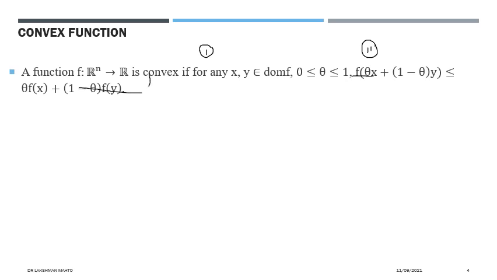Then the image of the convex combination is always less than or equal to the convex combination of the images. Remember, I am saying that the functional value of f at the convex combination of x and y, any convex combination of x and y, is always less than or equal to the convex combination of the functional value at x and the functional value at y.